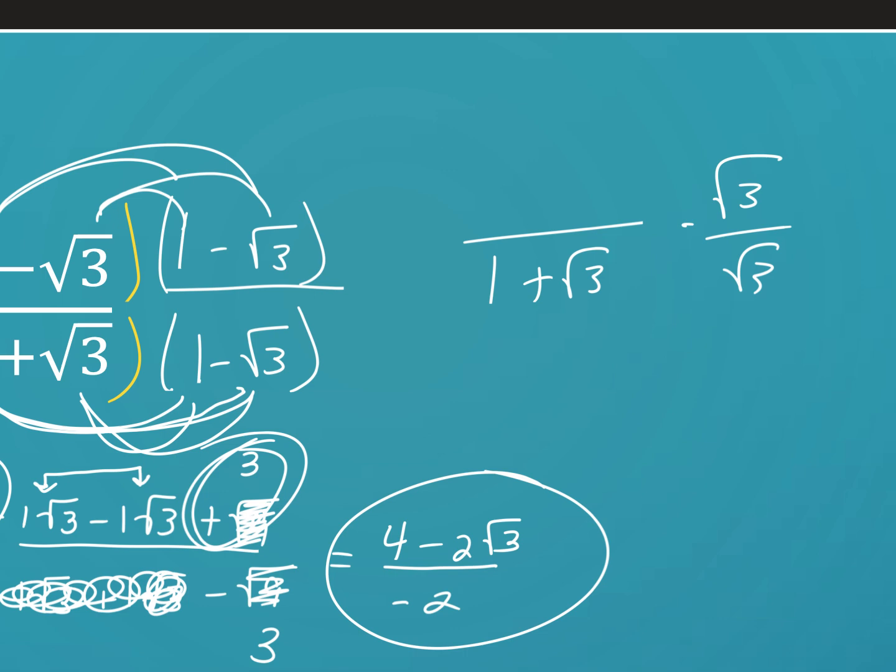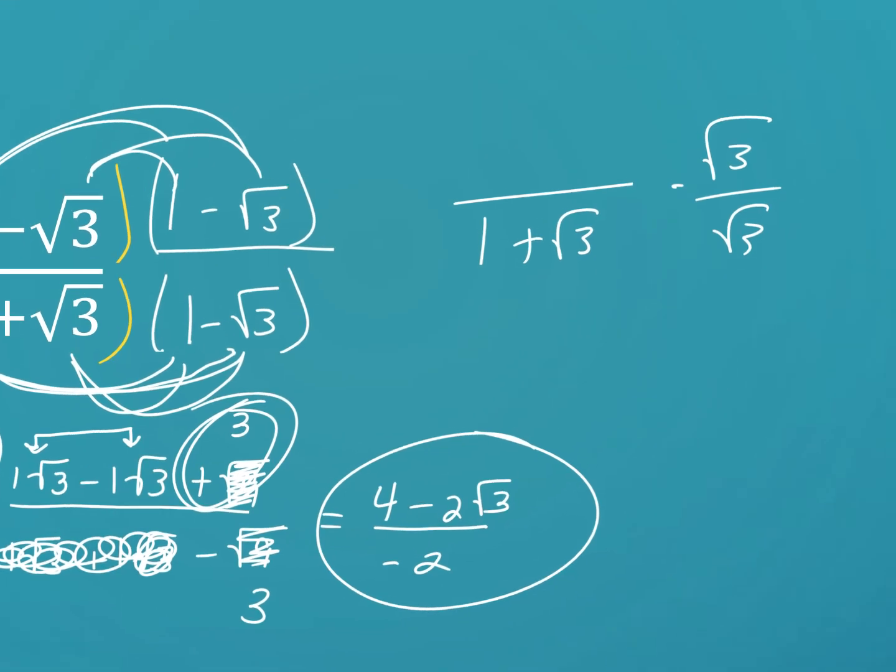The reason is we're trying to eliminate the radical from the denominator. If I multiply this, I get the square root of 3 plus the square root of 9, which would give me the square root of 3 plus 3. So I still have a radical in my denominator. You have to multiply by the conjugate to get the radicals to disappear. That's why we have to do that.